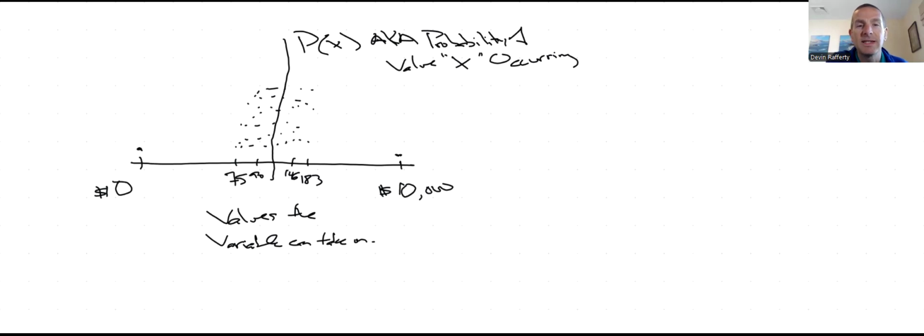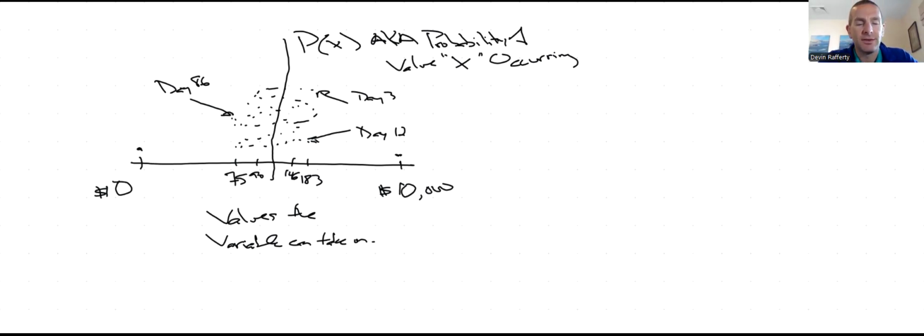Each one of these dots that I'm making is the price of an IBM stock on a certain day. So this one could be day 3, this one could be day 12, this one could be day 86.